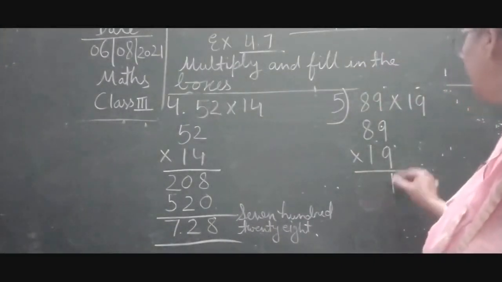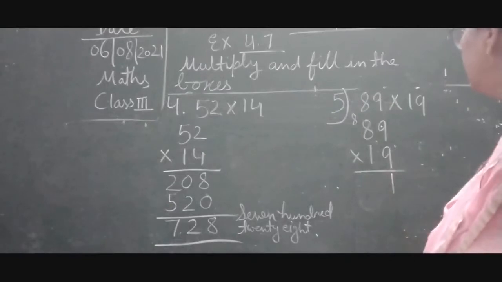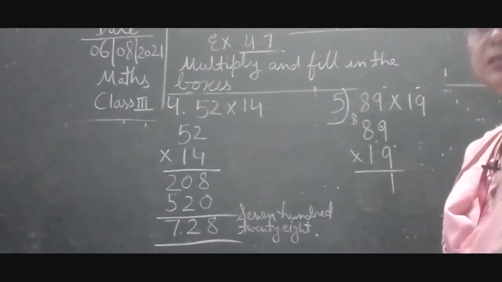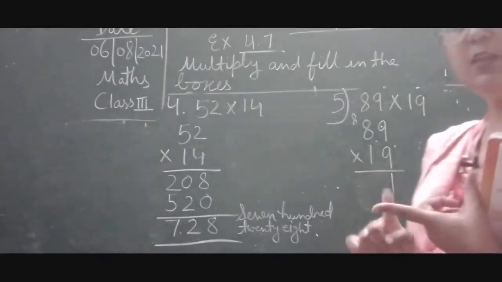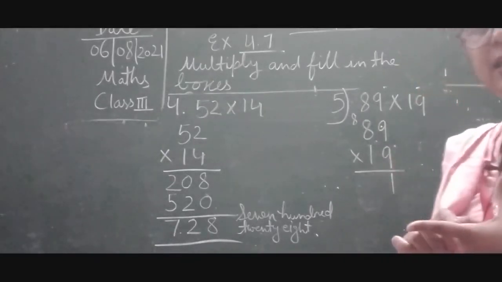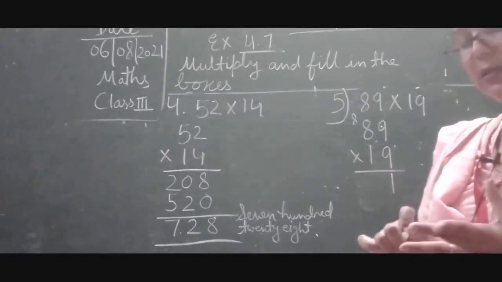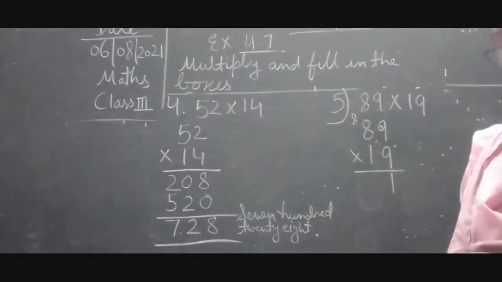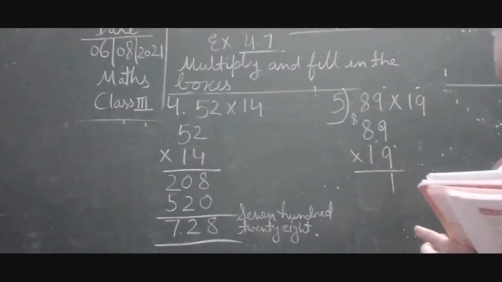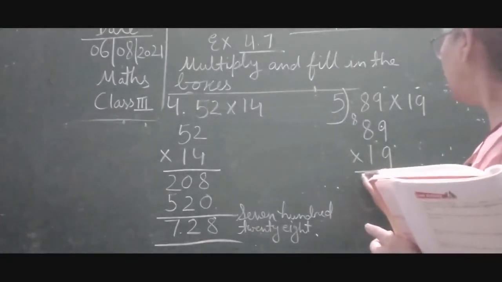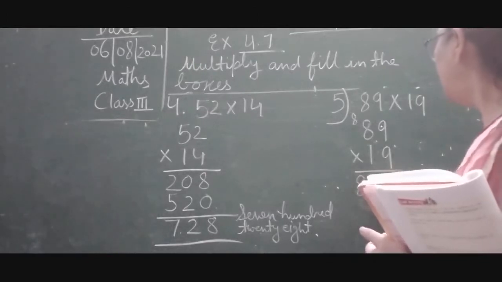So we will write 1 over here, 8 will be carried over. 9 8s are 72, 72 plus 8 is 80. Okay, so we will get 80.